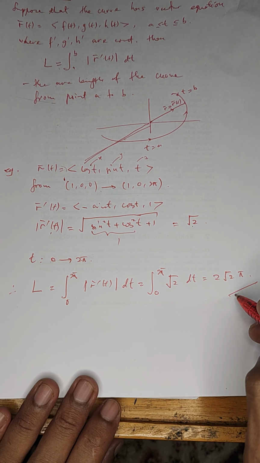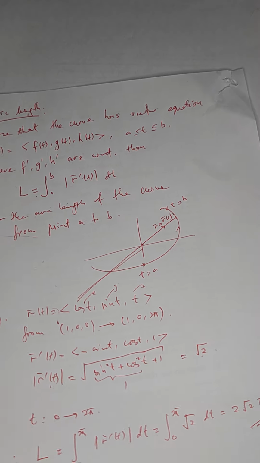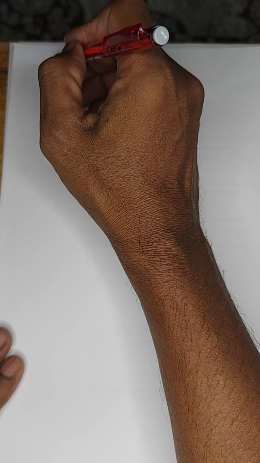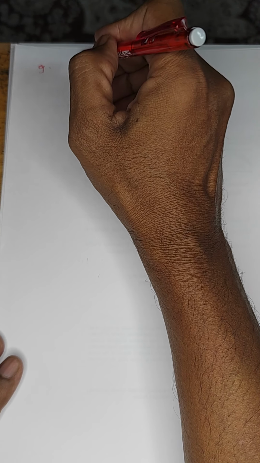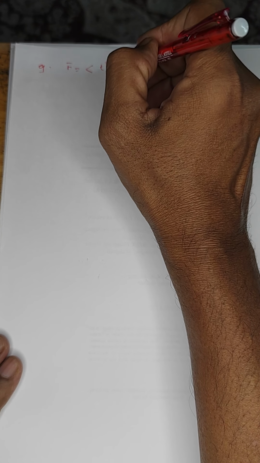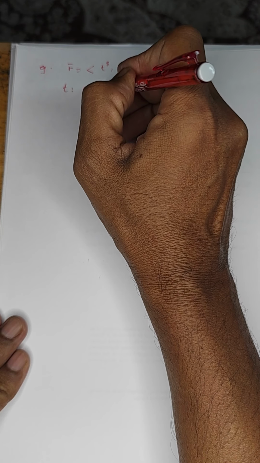Okay, so this is considered easy, but differentiating and integrating for the arc length is sometimes quite difficult, quite tedious. So let me give you another example. Let's say r is given as t cubed, t squared, for t from 0 to 1.